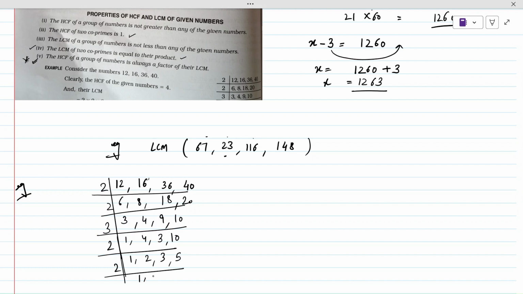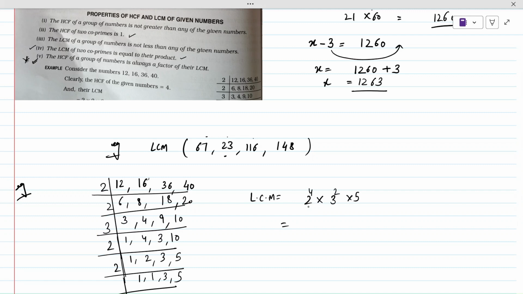So we have these 3 as remainders. I can go on and solve this like this, or I can keep them as remainders only. We have 3 and 5 here, which are remainders. So what is the LCM? It is the product of these. We have 2 raised to the power 4, 3 raised to the power 2, and 5.